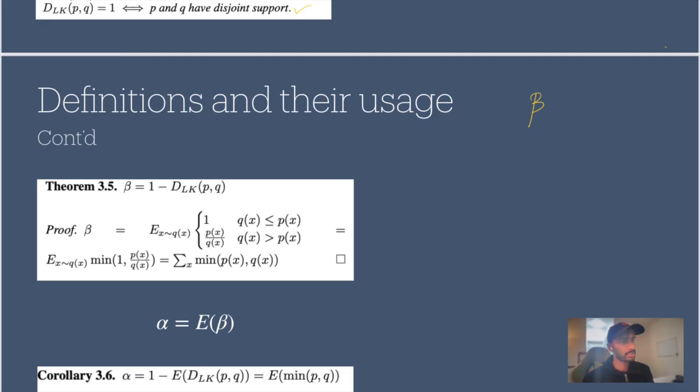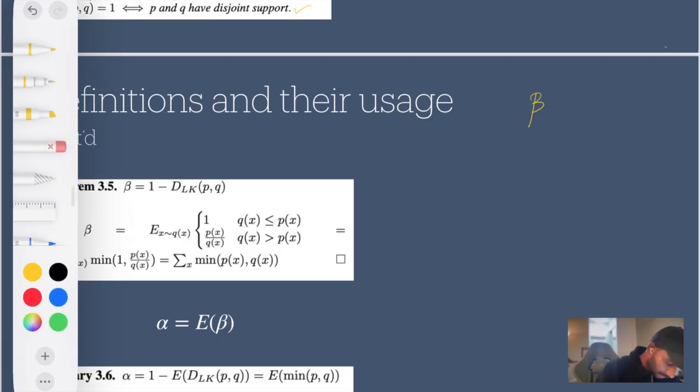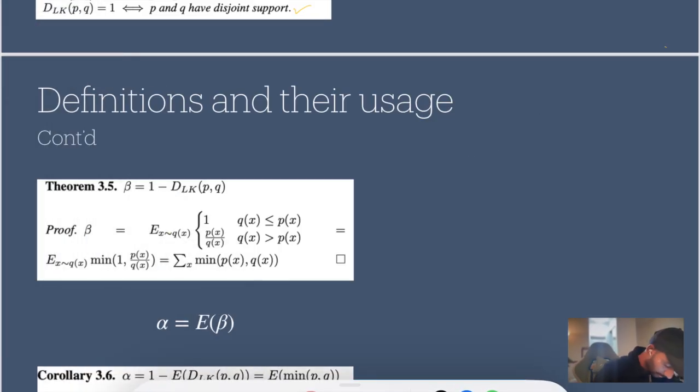Now, beta is basically, at any given time step t, the probability that a token predicted by the approximation LLM is accepted by the target LLM. What is that probability? It is beta. The probability that a token is predicted by the approximation LLM is Q of X, right? And then it further has two possibilities.